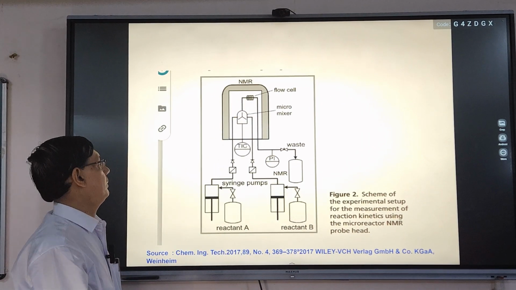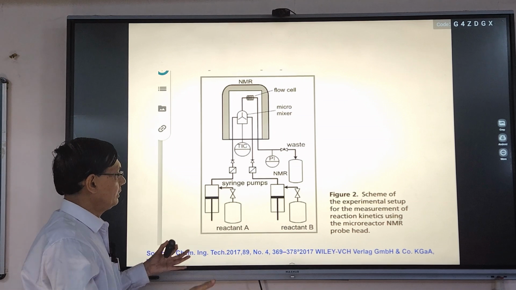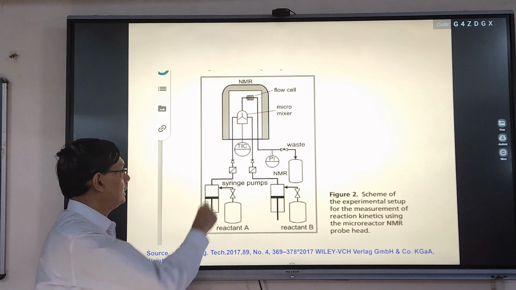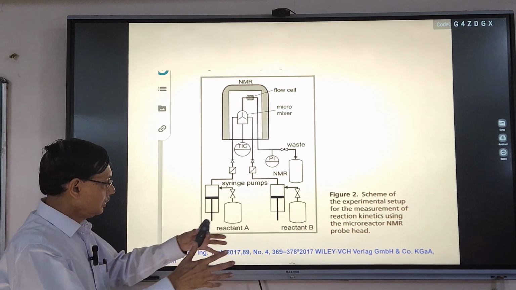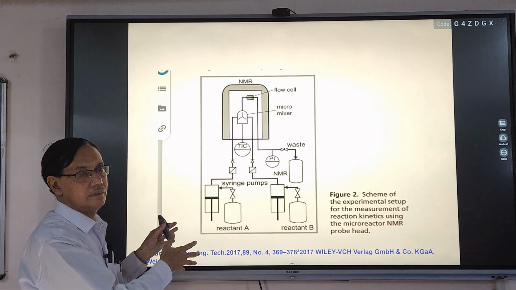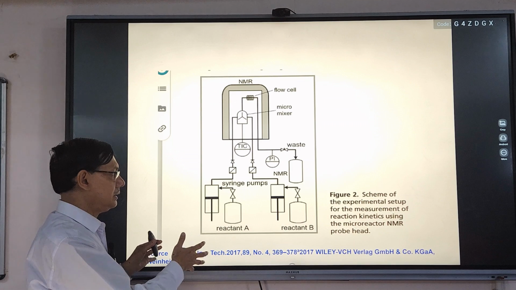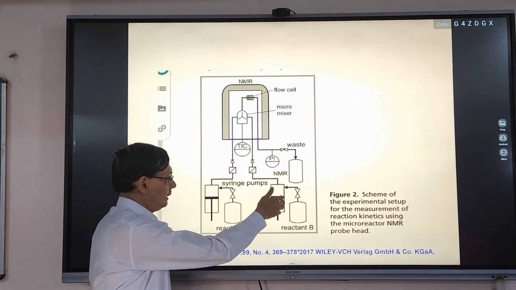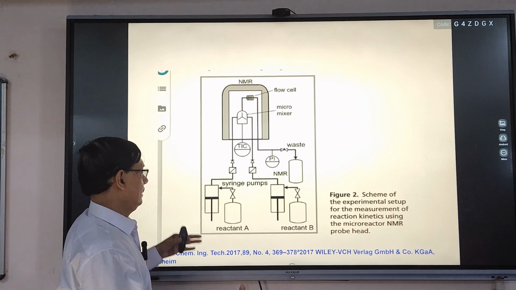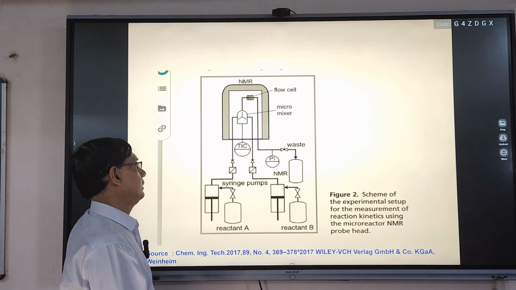Basically nowadays people are using a low temperature superconducting magnet. There is a probe, NMR tube, console, and computer, that is separate. But in our system we have to set up reactant A, reactant B, and then there must be some pump.